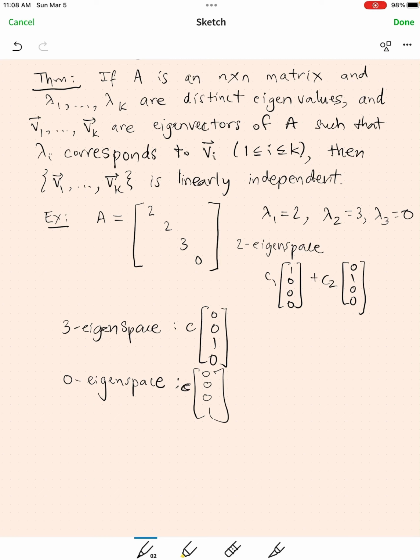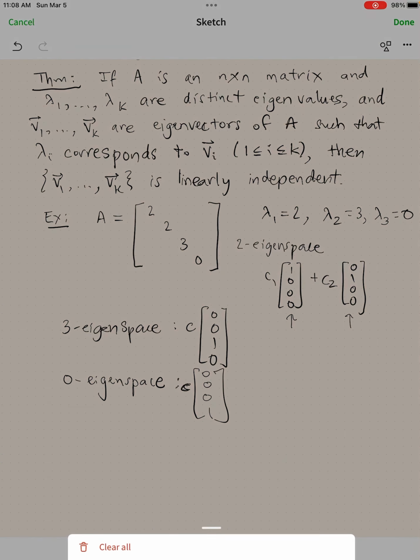And you can see that if you take these vectors, these are all linearly independent, right? So the theorem says that I have one eigenvector for each eigenvalue.